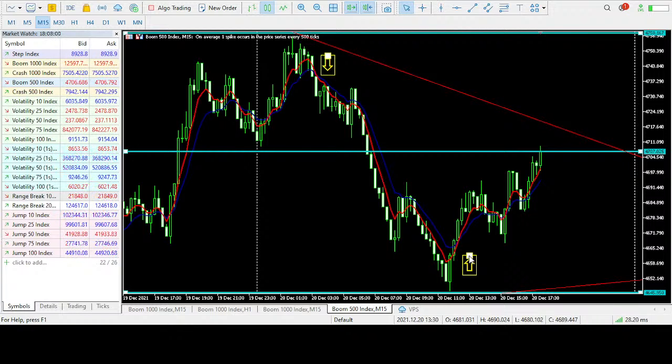All you do is you do the daily support and resistance lines, you add your moving averages, and then you wait for moving average crossovers that happen at a resistance or a support in order to buy or sell, and then you're done. And then obviously you target the next support and the next resistance zone. Easy, easy, easy. That's all there is to it, guys.